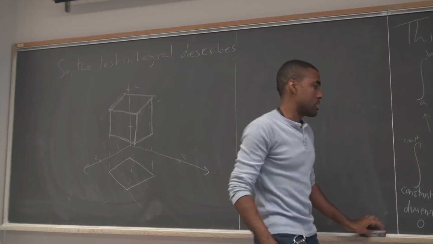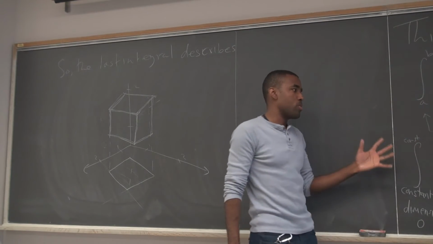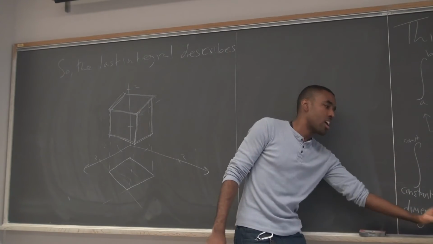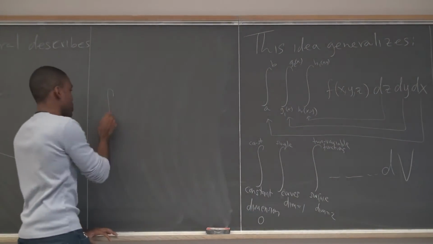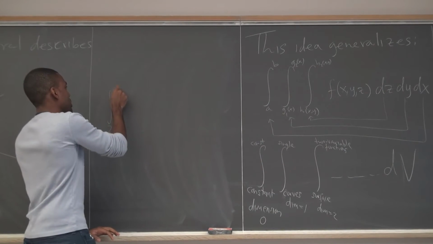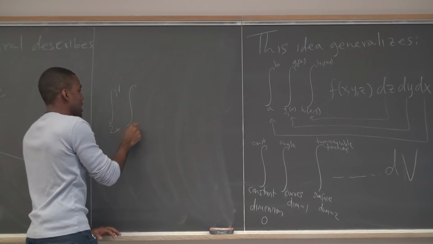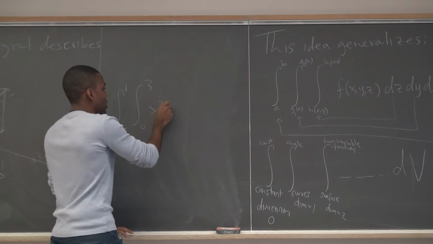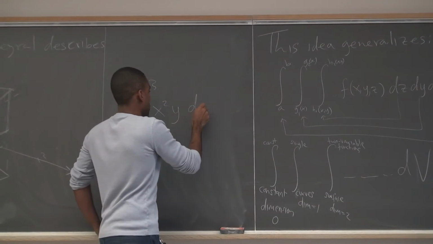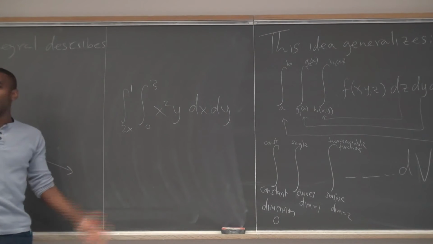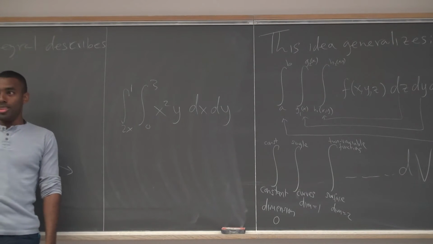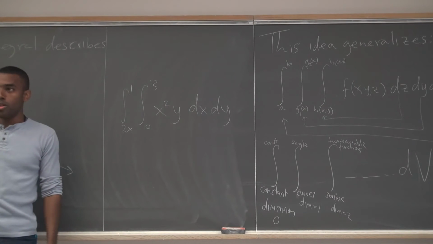But basically that's it. If you ever set up an integral and I see a constant inside here and a function outside here, right? Like if you set up an integral like 2x to 1 and 0 to 3 of x squared y dx dy, if I see that, I know you have no idea what you're talking about, right? I'll just give you a 0 and move on with my life.